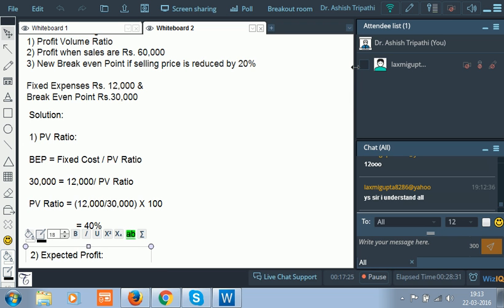Do we have selling price right now? Because the break-even का formula is fixed cost upon PV ratio.